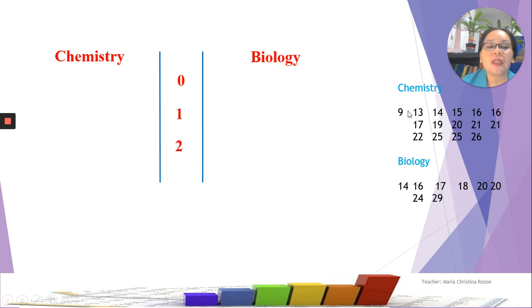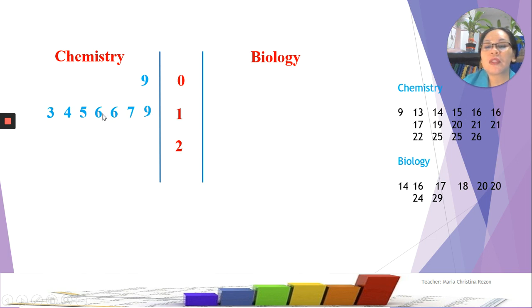And let's start with chemistry. There is only one single digit observation for chemistry, so we write it there. And then for tens digit equal to 1, you have 13, 14, 15, 16.